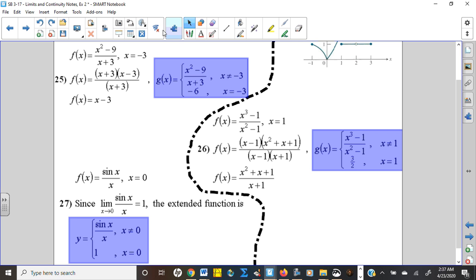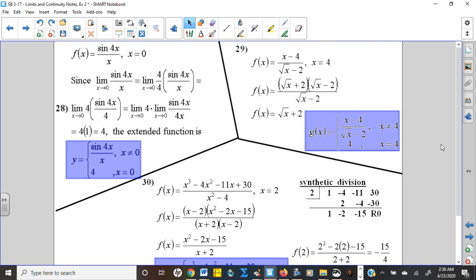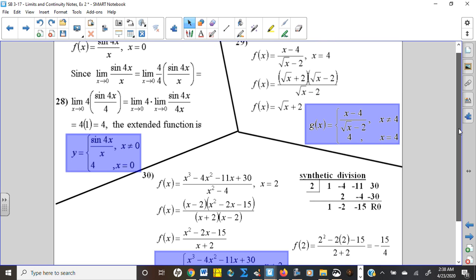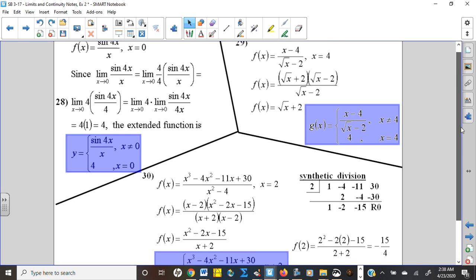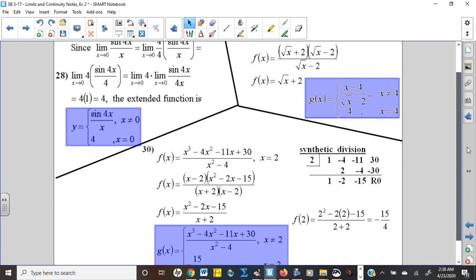Okay, so the answers for 25, 26, 27, 28, 29, 30 are here, but I'll be working some of those out, going through that process just to make sure that you get it. And you should have these answers all in your course pack with all the factorization, which is kind of nice.